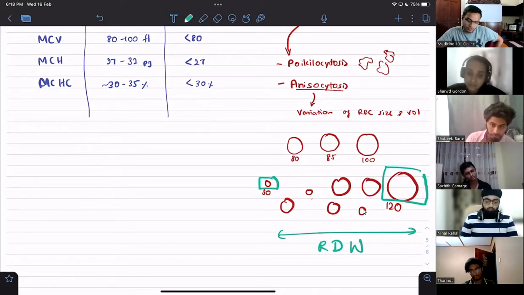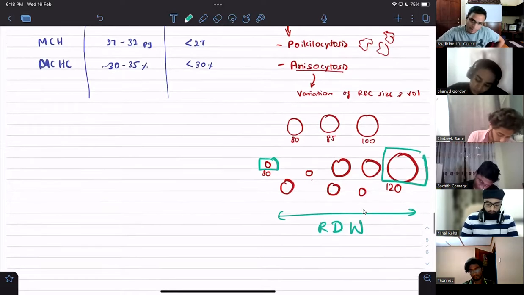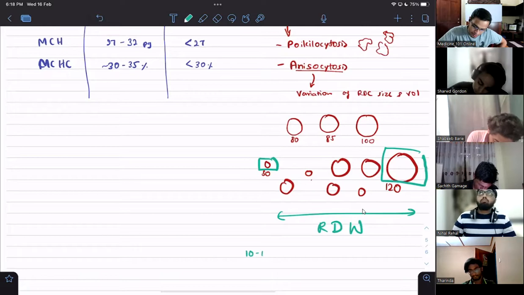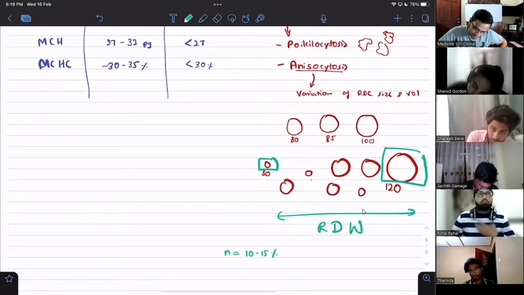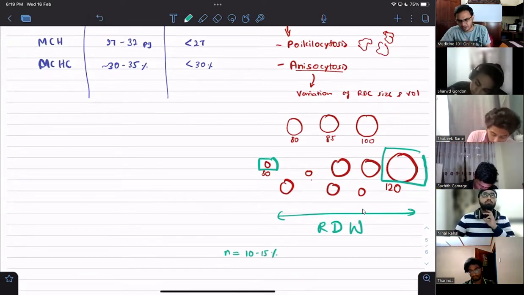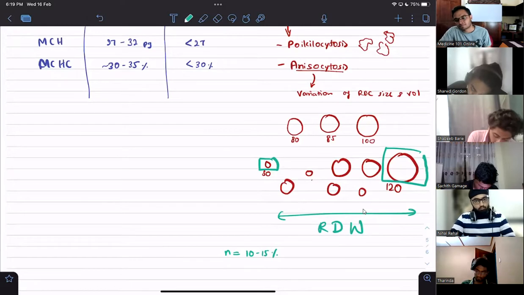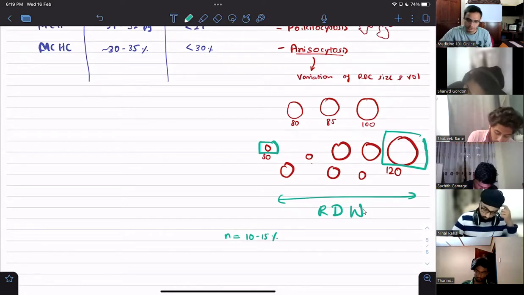In a normal person, the distribution width is about 10 to 15%. So the normal range is 10 to 15%. But what happens in iron deficiency anemia due to this anisocytosis?